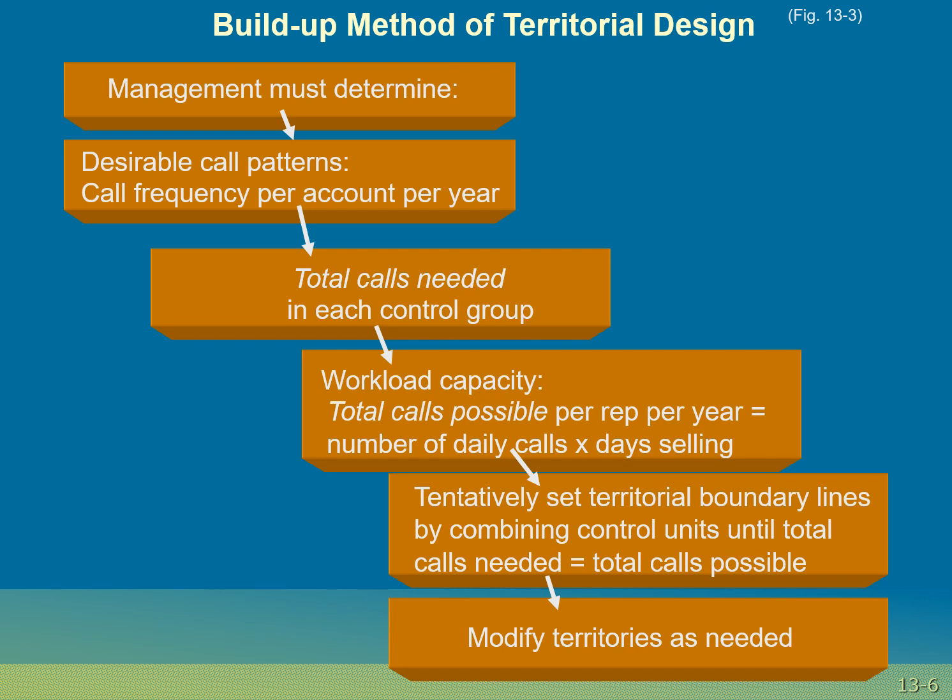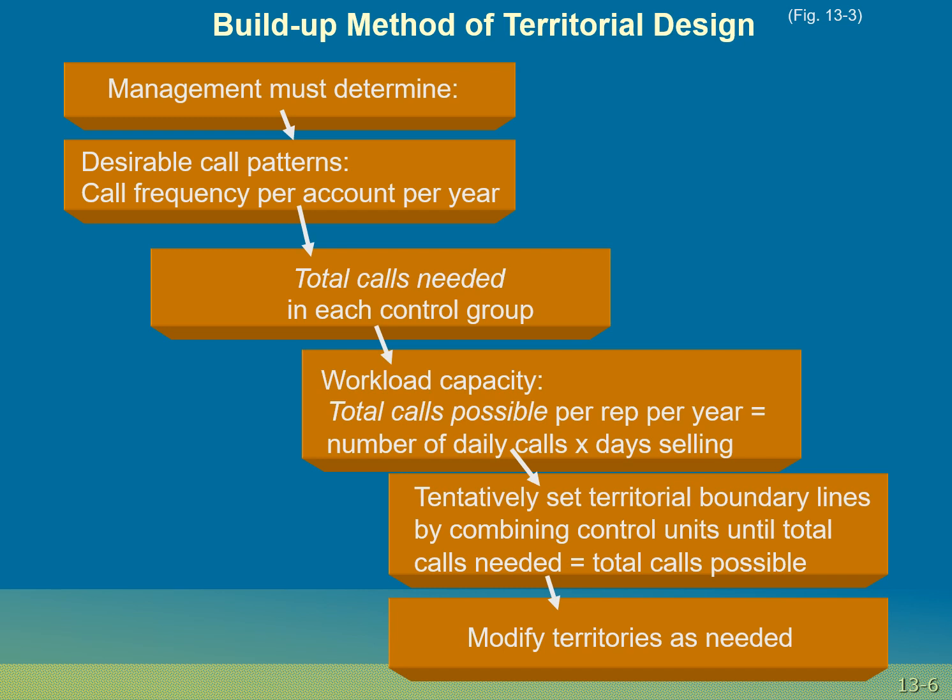And then you tentatively set territorial boundary lines by combining control units until total calls needed equals total calls possible. I'll show you in the next slide with a real example.